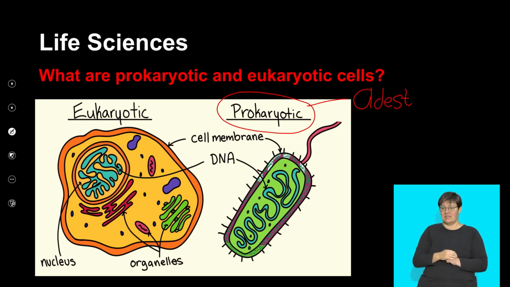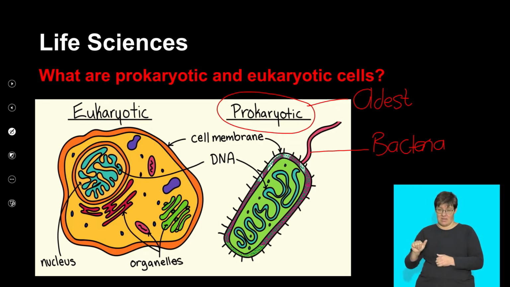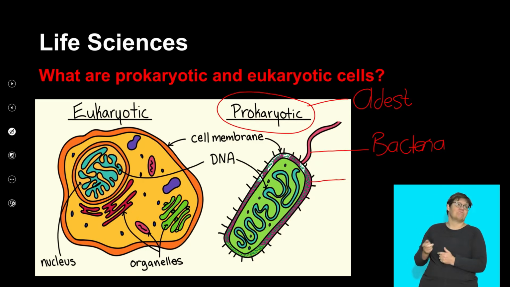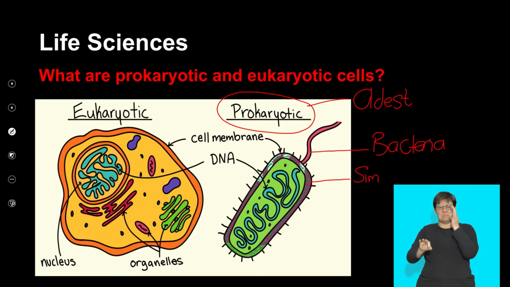Now, when we look here, the prokaryote is a single cell, a unicellular cell, and falling under this category is going to be bacteria. They are the oldest living thing. And what we find is that they were very, if I could use the word, simple. They had a simple structure.